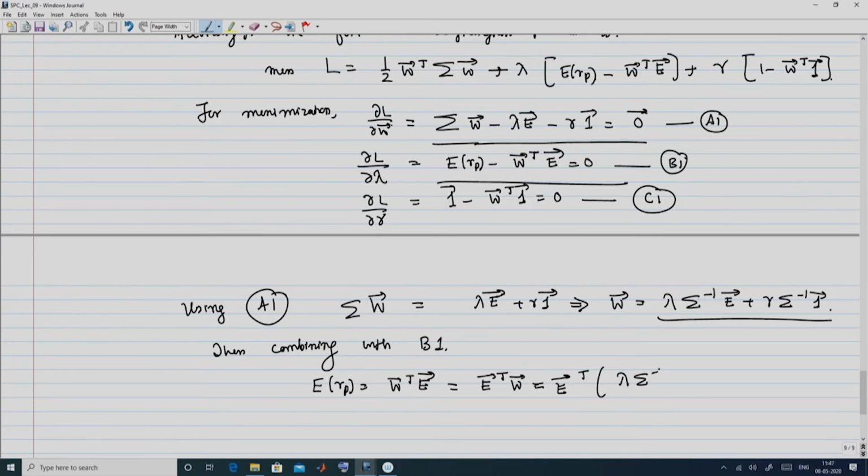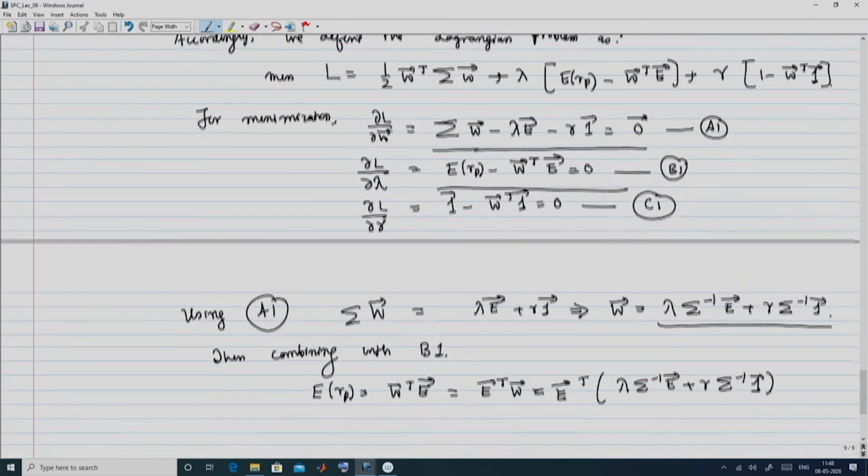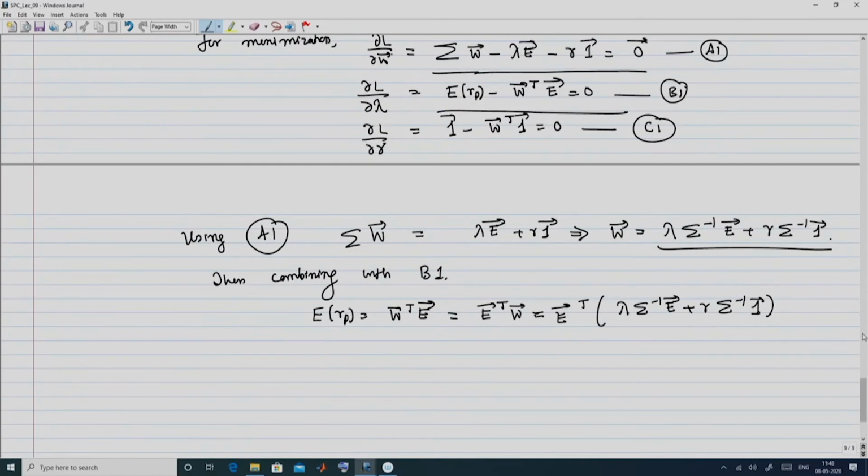So, this is going to be lambda sigma inverse E plus gamma sigma inverse 1, and this is going to be lambda vector E transpose sigma inverse E plus gamma E transpose sigma inverse 1.